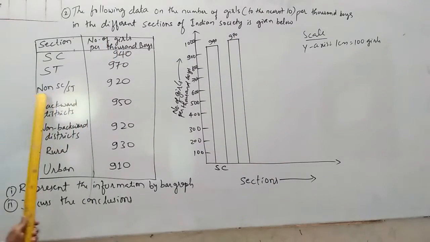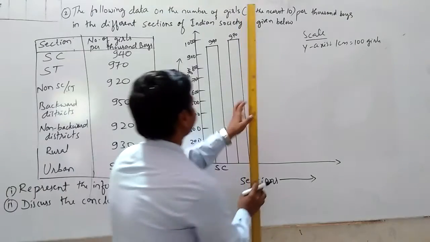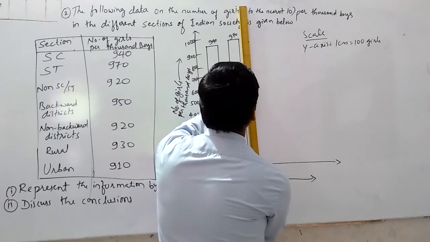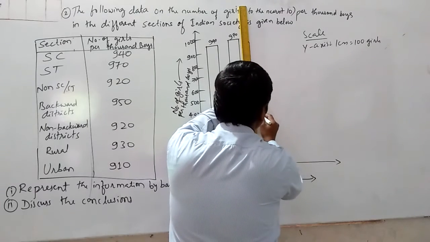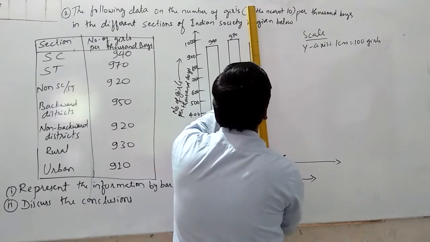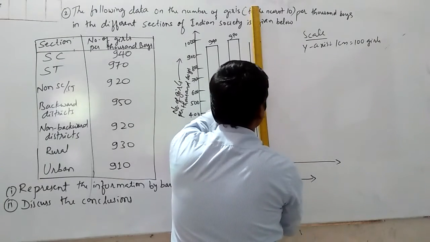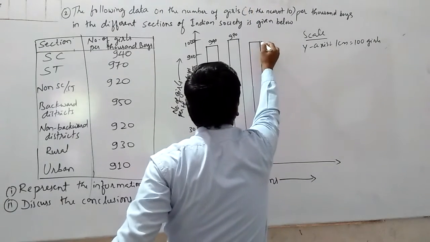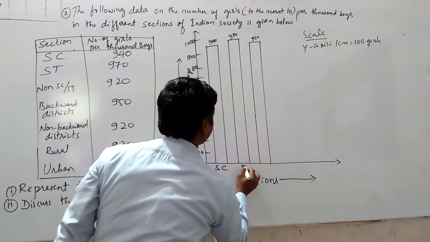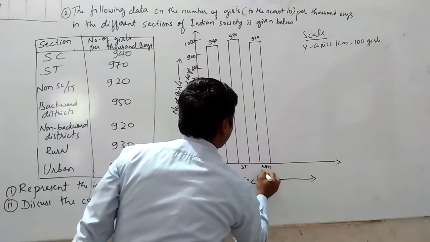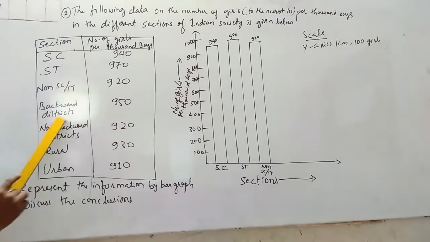The number of girls in non-SC, ST is 920. The next one is backward districts.